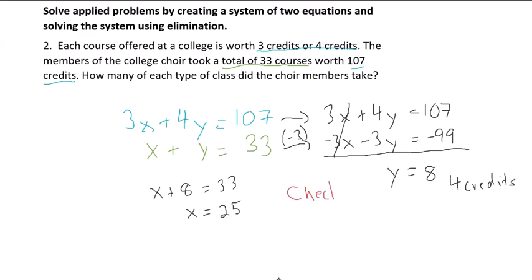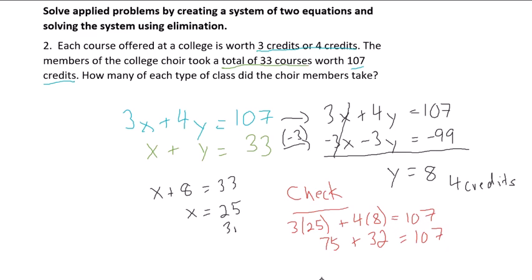So let's check. 3 times 25 plus 4 times 8 needs to equal 107. That's 75 plus 32, and that does equal 107. So this 25 is the 3 credit classes.